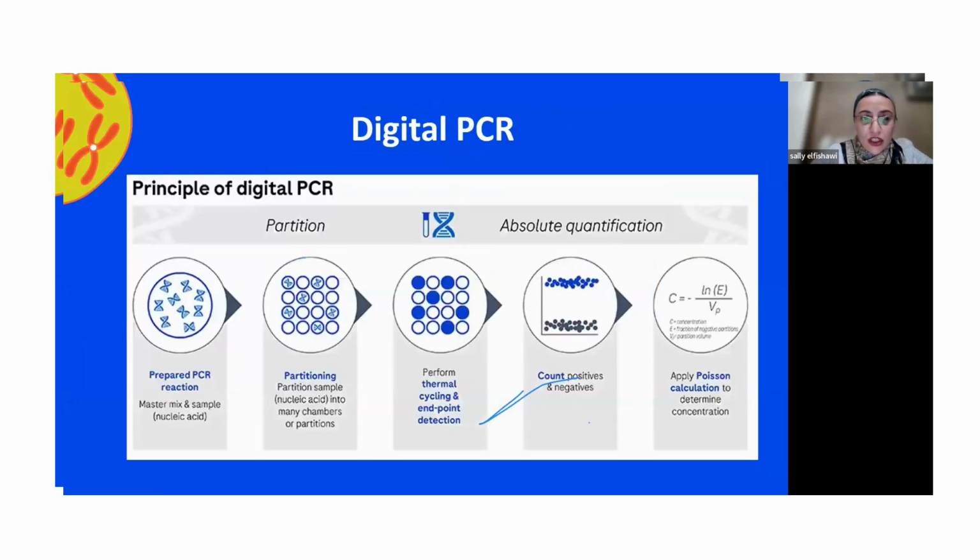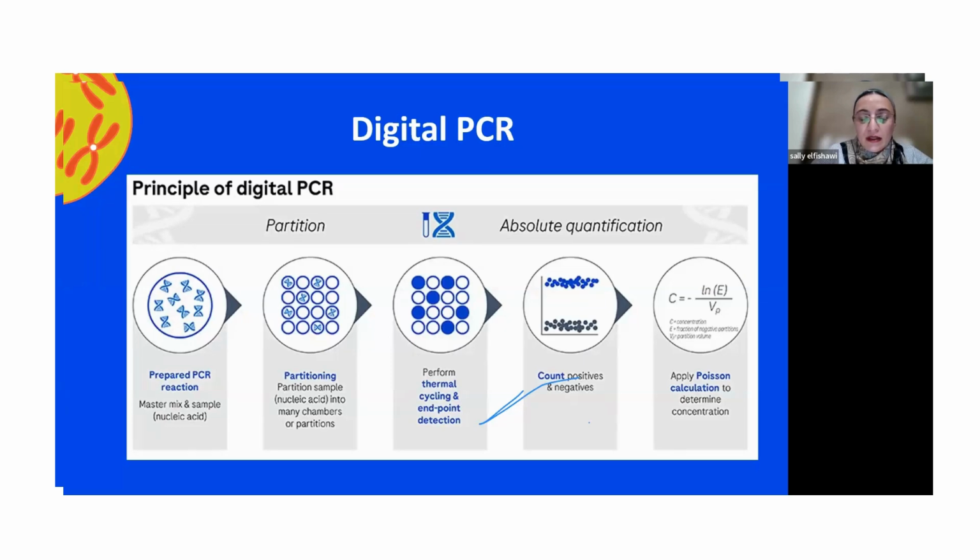The second technique, which is quite newer than the quantitative PCR at least, is the digital PCR. It's not that new, but it's just newer than the quantitative PCR, where we use the principle of the quantitative PCR, except in another setting with the idea of partitioning the PCR reaction that we saw earlier, the amplification and denaturation and extension.